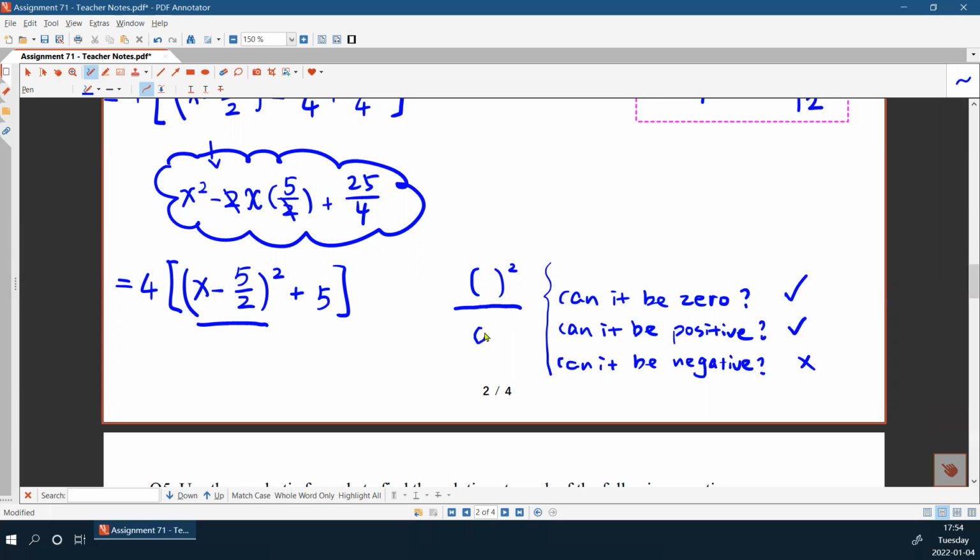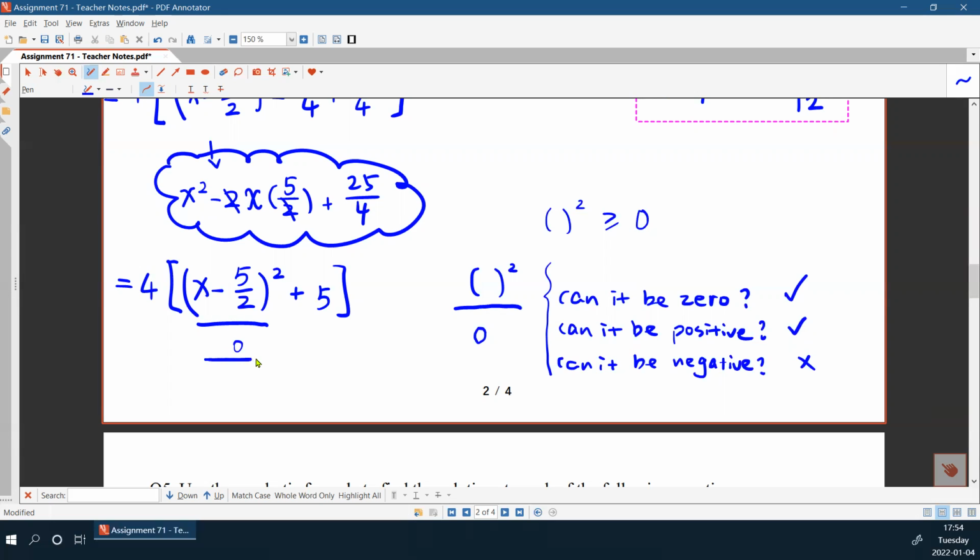Of course, 0, right? Because it can be 0 and it can also be positive. So the smallest possible number should be 0, which means something squared, if something here is a real number, is always greater than or equal to 0. So the smallest possible value of this expression is 0, right?